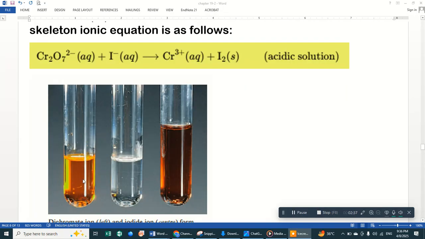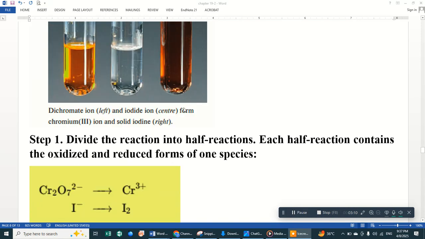Dichromate has a strong yellow color, and when treated with iodide solution, a dark brown color is produced, in which solid iodine is present, which is reflected in the solution, and chromium ion is produced. Now we understand how we can balance this equation step by step.